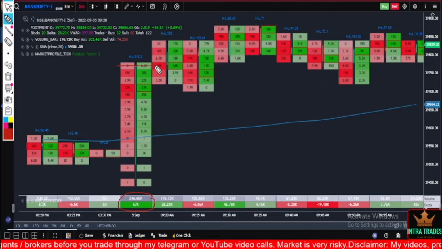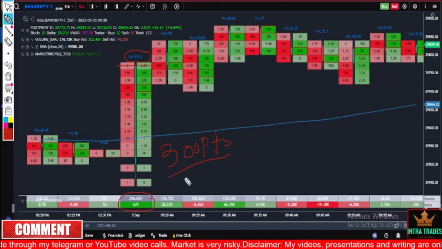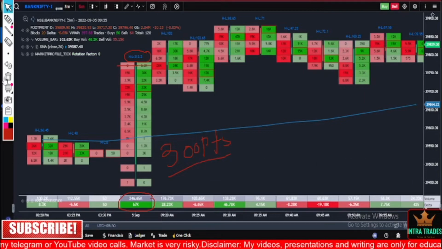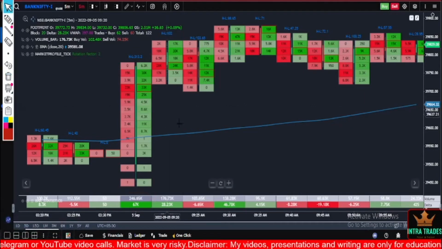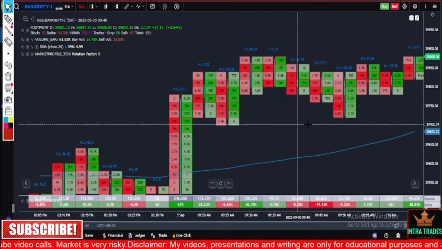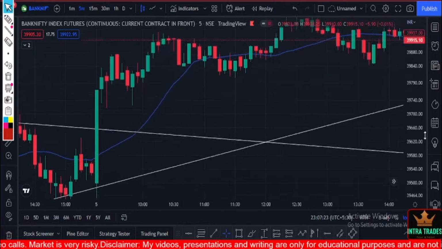My problem is that the high to low range of this candle is around 300 points. This 300 points risk is not within my criteria. So I have to wait for a proper entry again. In what way can I say it is proper?